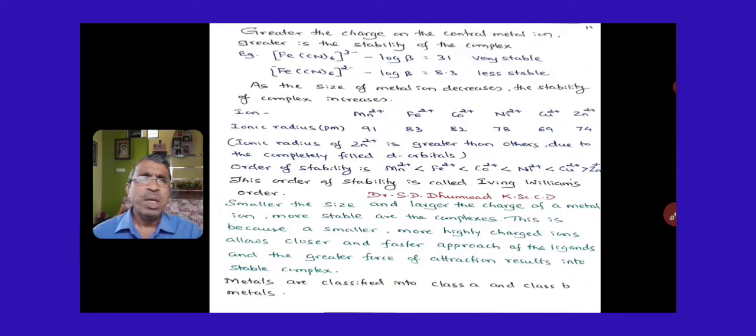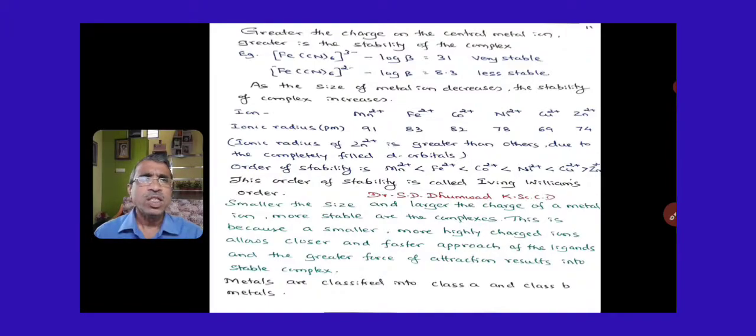The order of stability in these cases is: manganese(II) complexes are less stable than Fe(II) complexes, which are less stable than cobalt(II), which are less stable than nickel(II), which are less stable than copper(II), whereas copper(II) complexes are more stable than zinc.